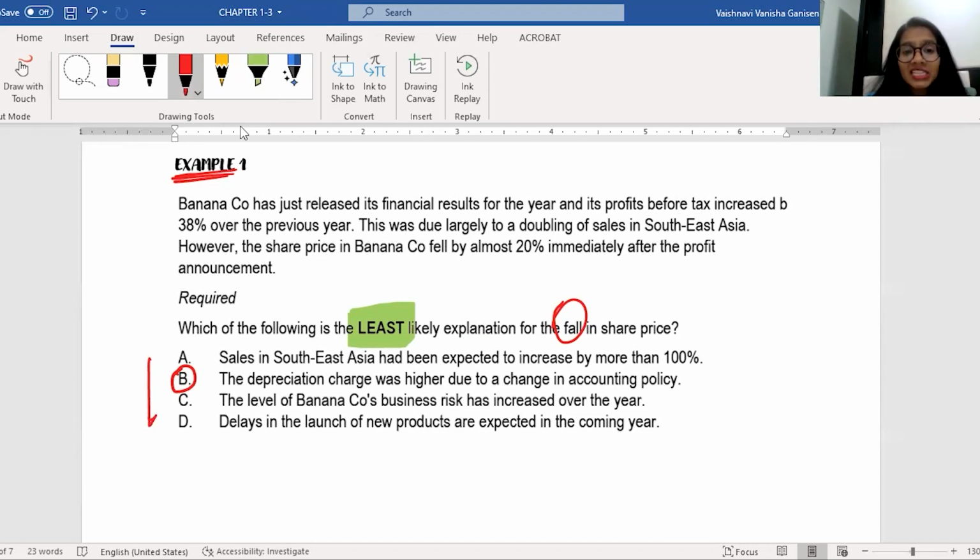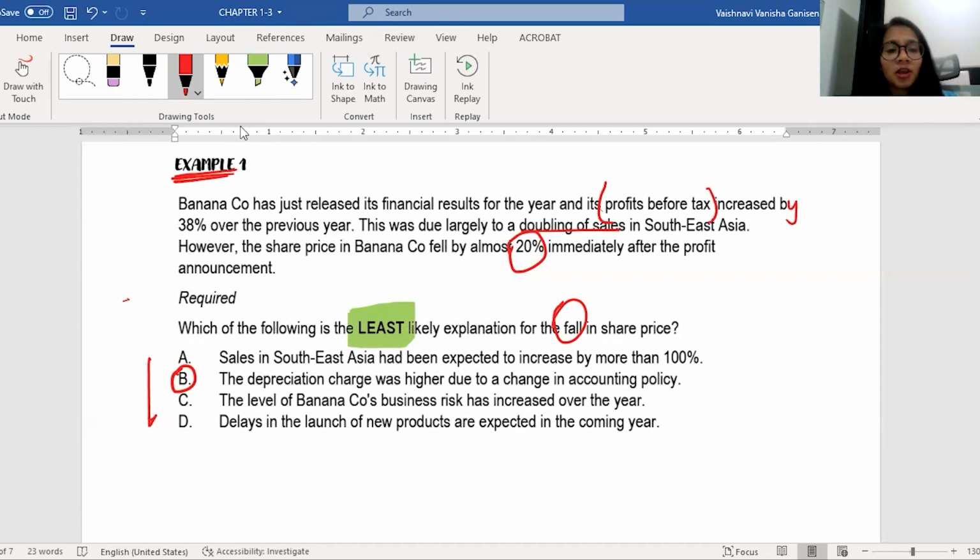So Banana Co has just released its financial results for the year, and its profit before tax increased by 38% over the previous year, right? So it increased by 38% profit before tax. This was due largely to a doubling of sales in the Southeast Asia. However, the share price of Banana Co fell by almost 20% immediately after the profit announcement.